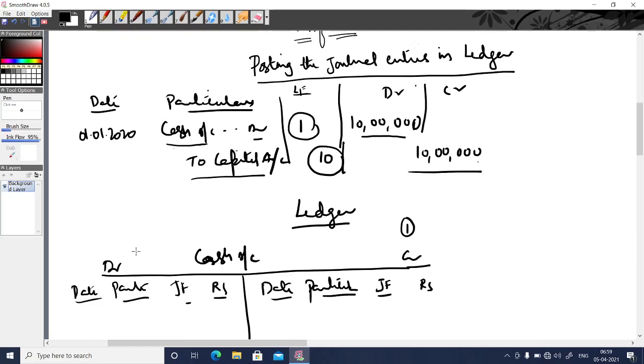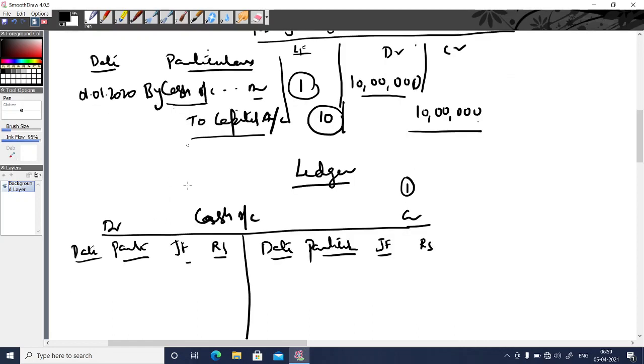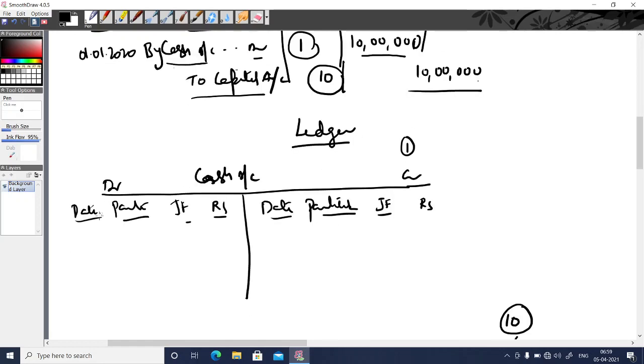In olden days, when we wrote a journal entry, we used the prefix 'by' for debits and 'to' for credits. So how do we post this journal entry in the ledger? I need to go to the cash account. I will write the date here, 1st January 2020, to capital.